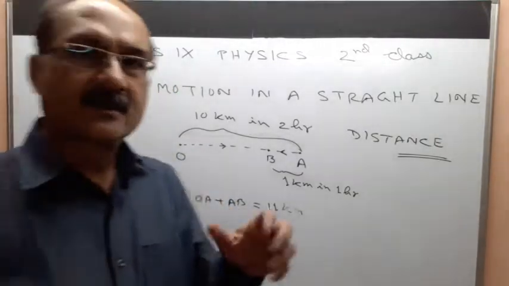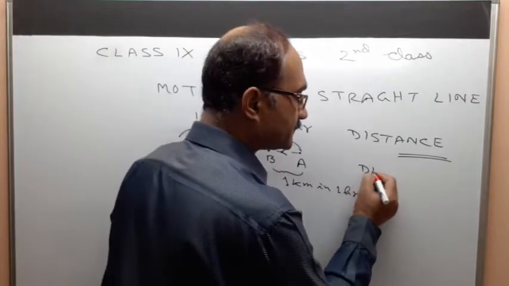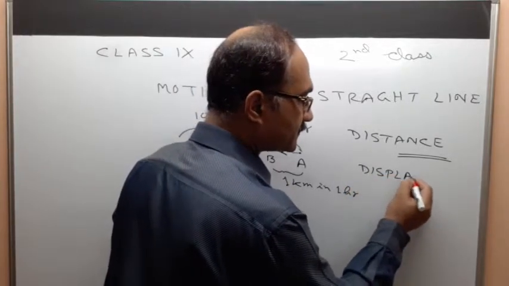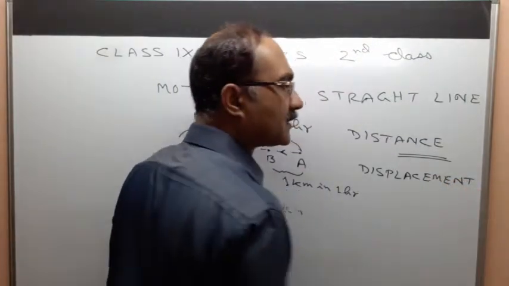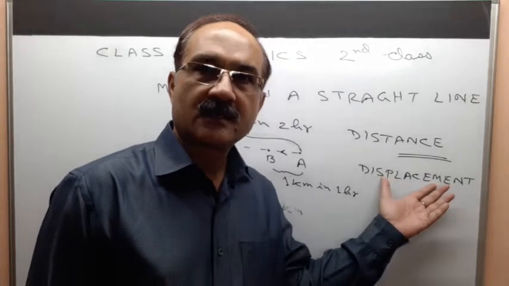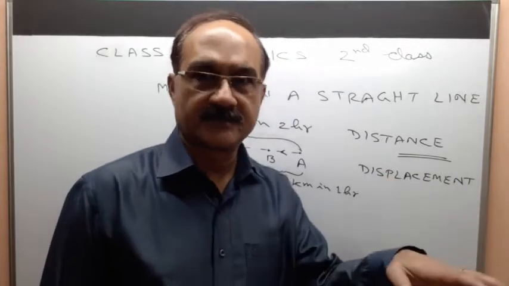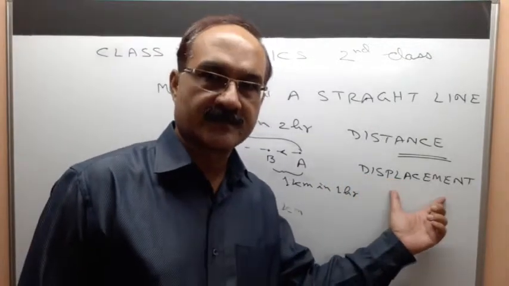Okay? The next term to describe motion is displacement. Now this word is a new word because this is not used in our common uses. Okay? So let's learn what is displacement.